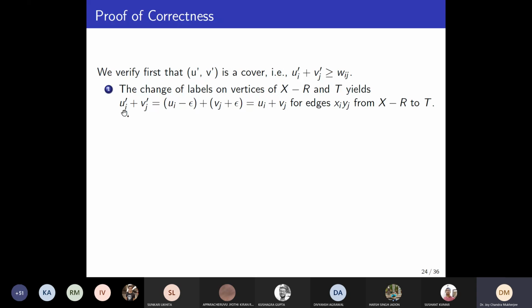So ui prime plus vj prime equals ui plus vj for all the edges xi yj from x minus r to t. So the value of ui plus vj which was there earlier, basically the same summation remains. Okay, so ui prime plus vj prime is equal to ui plus vj.